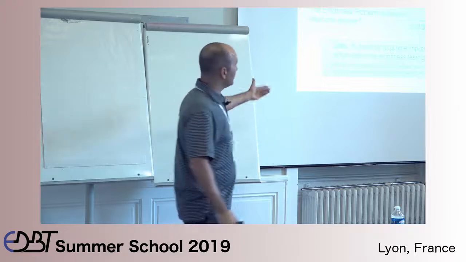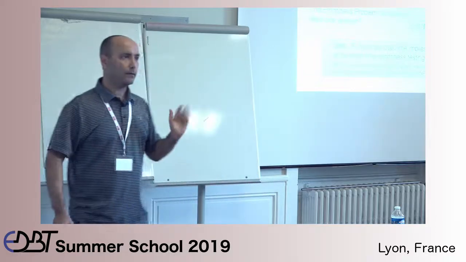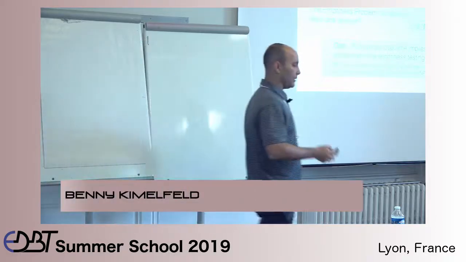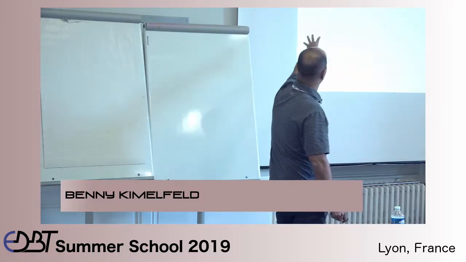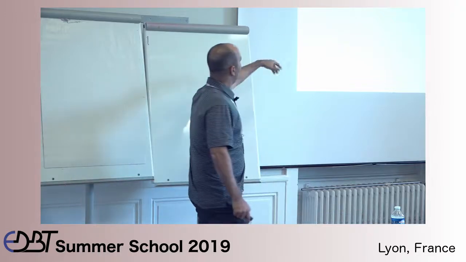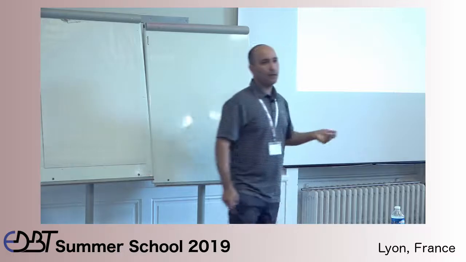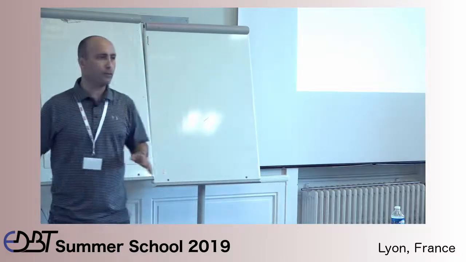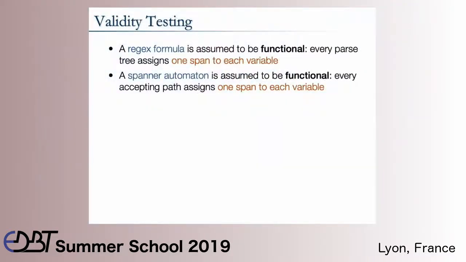So why is it important? Because there will be some problems where I'll say, okay, the emptiness problem is hard. Then it excludes the possibility of efficient enumeration algorithms. All right. So a very quick point. I've been mentioning these properties of functional: every assignment or every parse tree or every run of the algorithm produces exactly one assignment to every variable. When we talk about computational complexity, we need to make sure that these do not add to the complexity of the problems.